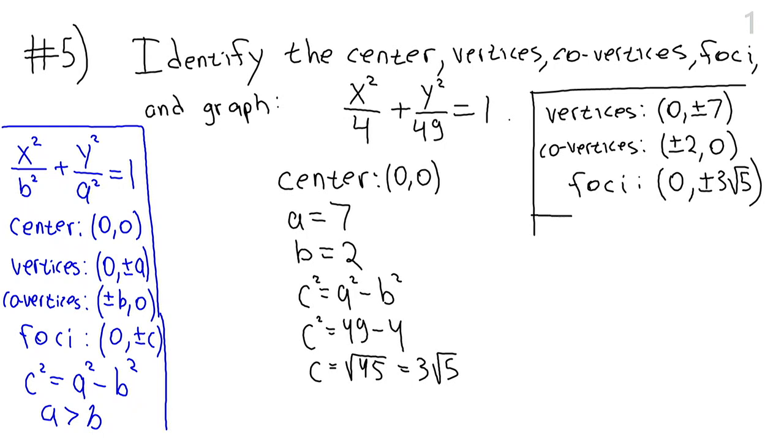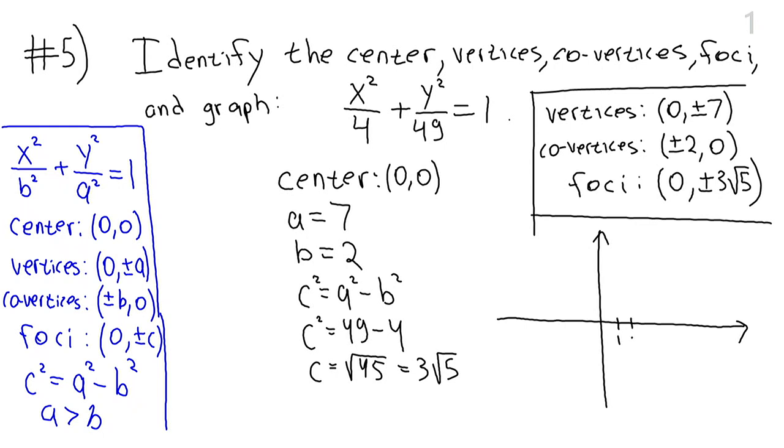So when we want to sketch the graph of this ellipse, it's going to look as follows. This is 1, 2, negative 1, negative 2.